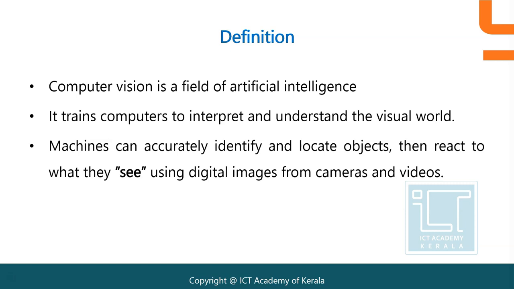Machines can accurately identify and locate objects, then react to what they see using digital images from cameras and videos.